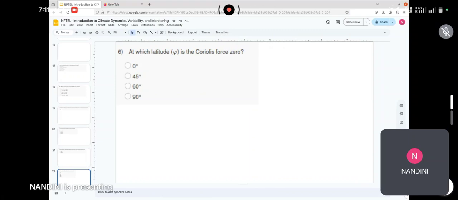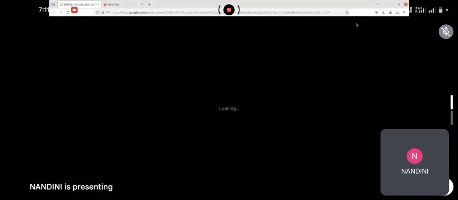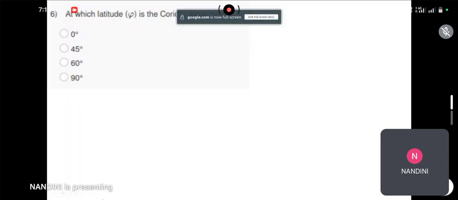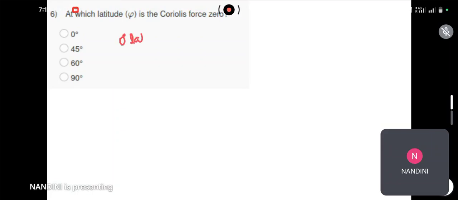Sine 90 is 1, sine 0 is 0. So at 0 degree latitude, the Coriolis force will be 0.